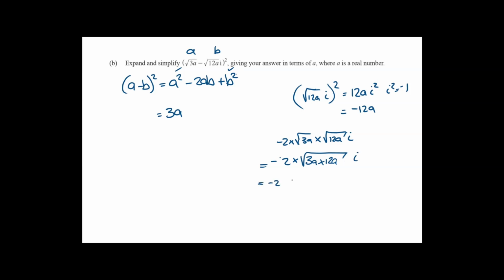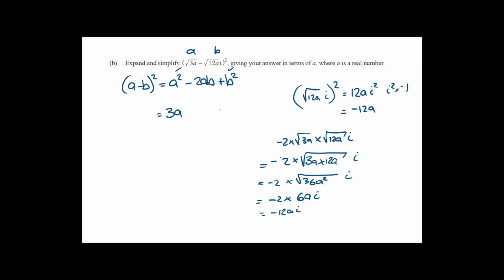So negative 2 times square root of 36a squared i, which is equal to minus 2 times 6a i, equals negative 12a i.